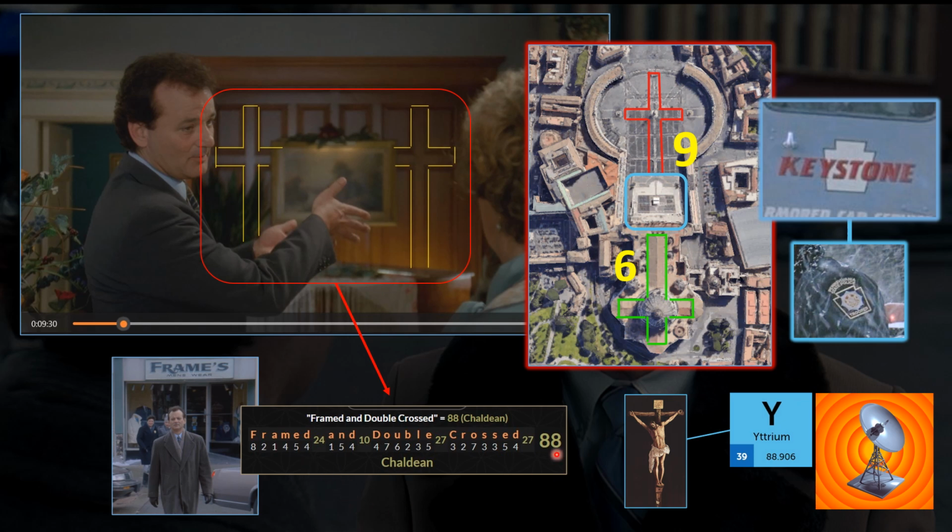Framed and double cross being an 88 matches the atomic weight of yttrium, the 39th element on the periodic table of elements. The Y representation for the symbol of the element, yttrium, reminds me of the Y that we see on Jesus' crucifixion. And the artwork we see here gives us the orange circles of the Looney Tunes, and the square and the circle here representation within the orange concentric circles.